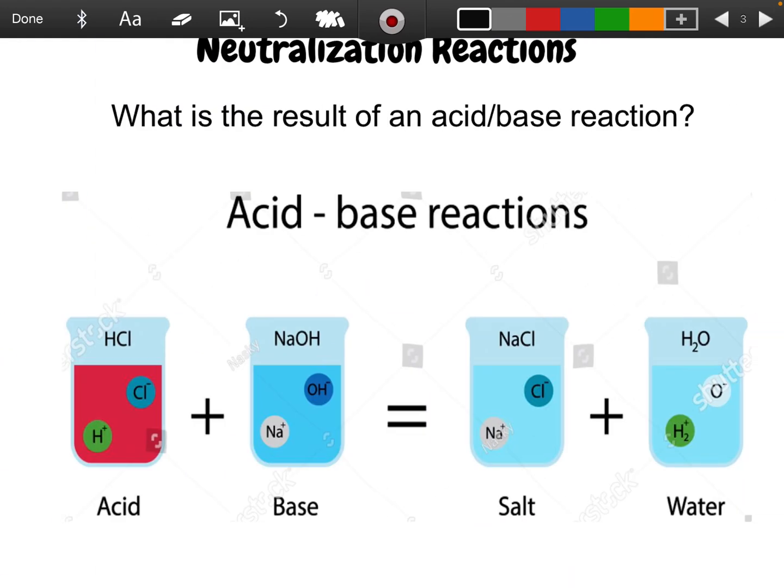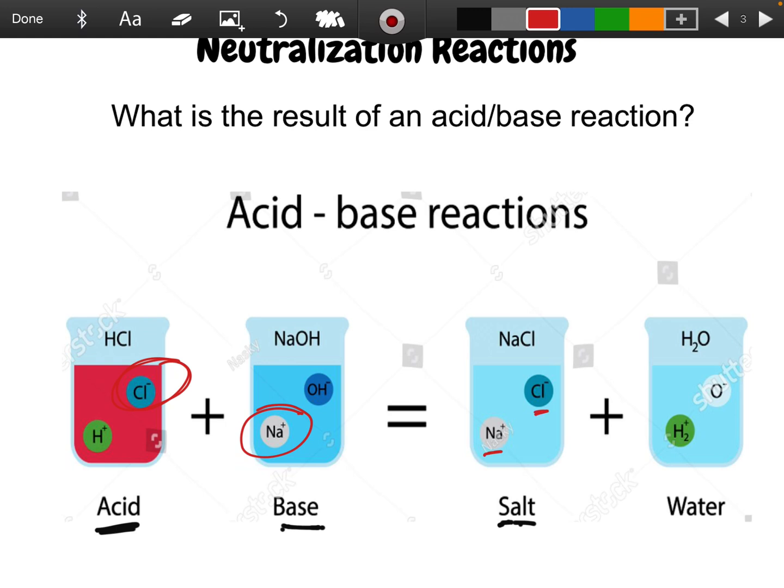A neutralization reaction occurs when you have an acid and a base, and when an acid and a base react, they produce salt and water. In this example, you have HCl reacting with NaOH, and the Cl from the hydrochloric acid and the Na from the NaOH are the two ions that form the salt.